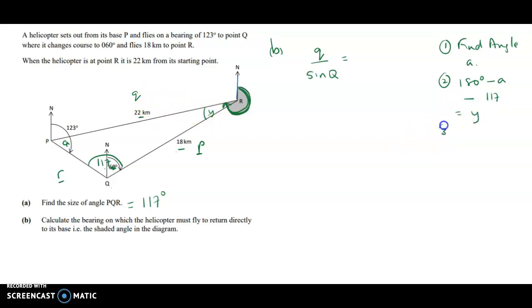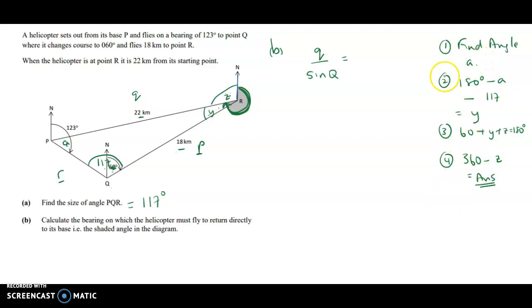And then my third step, after I found this one, I will use this angle here of 60 and these two angles here, I could call here Z, right? 60 plus Y plus Z will be 180 because of the interior rule. And then last step would be, I will take 360 minus Z to get my final answer. Okay, so these are my steps.